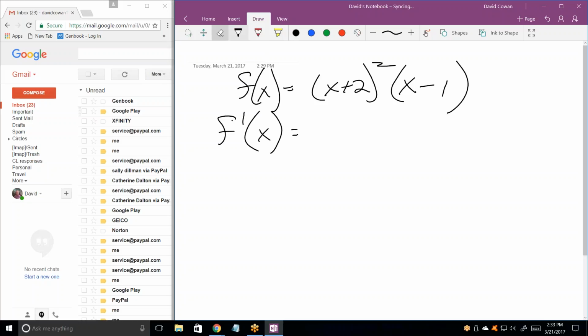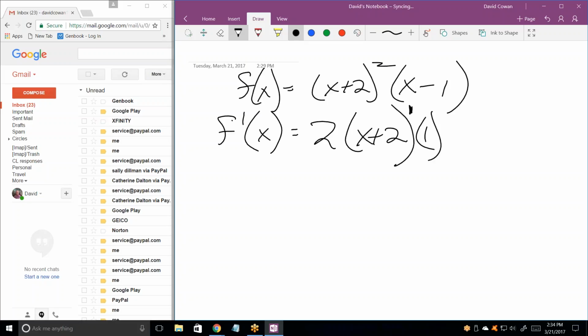Okay. So you do it. I'll do the derivative. Okay, so 2 times x plus 2 to the 1. And we do have to apply the chain rule here. In other words, we're multiplying it by the derivative of the inside, which happens to be 1.